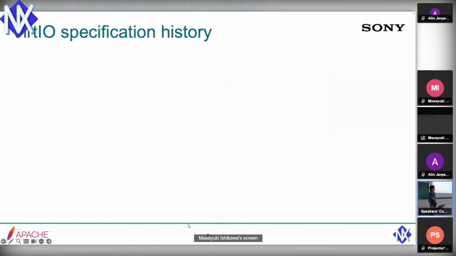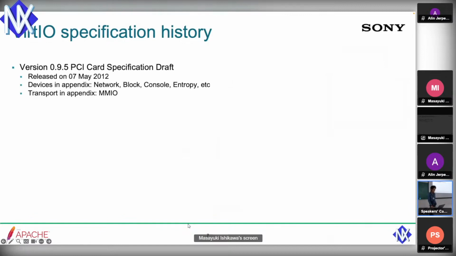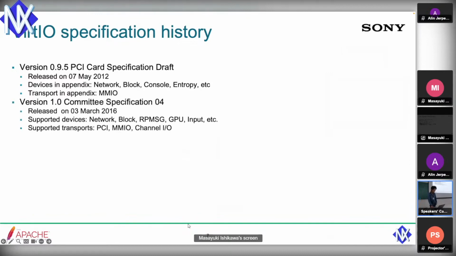This slide shows the VirtIO spec history. In 2012, version 0.9.5 was released. The spec was still in draft version, and only PCI transport was defined. Some device types, such as network and block device, and MMIO transport are declared in the appendix. In 2016, version 1.0 was released.